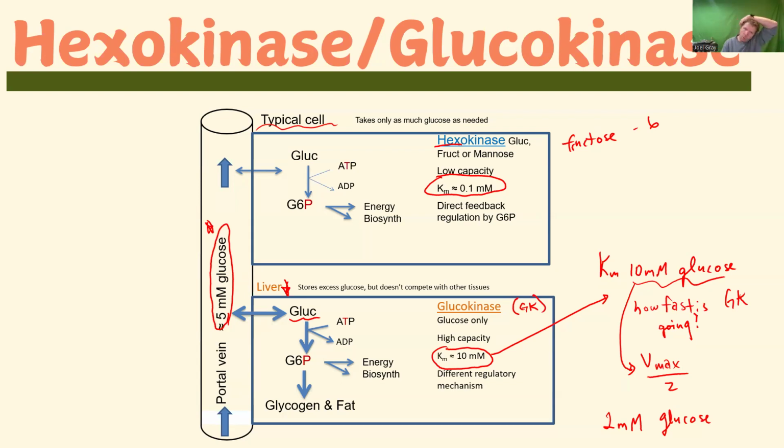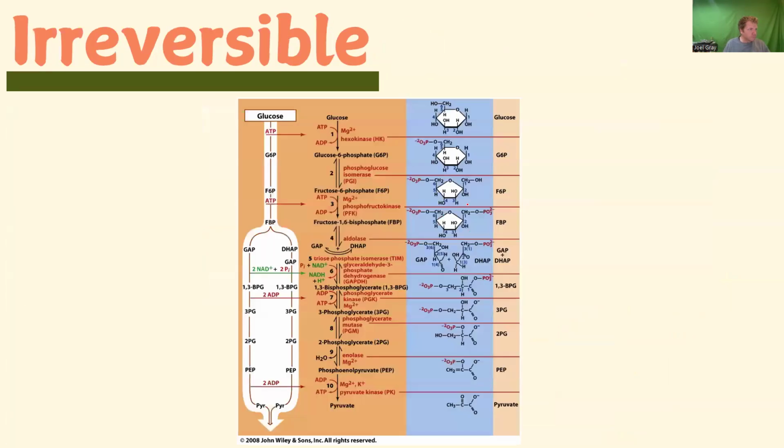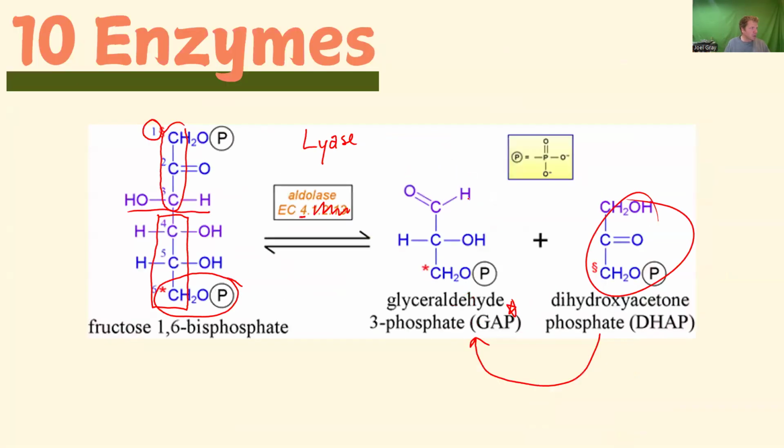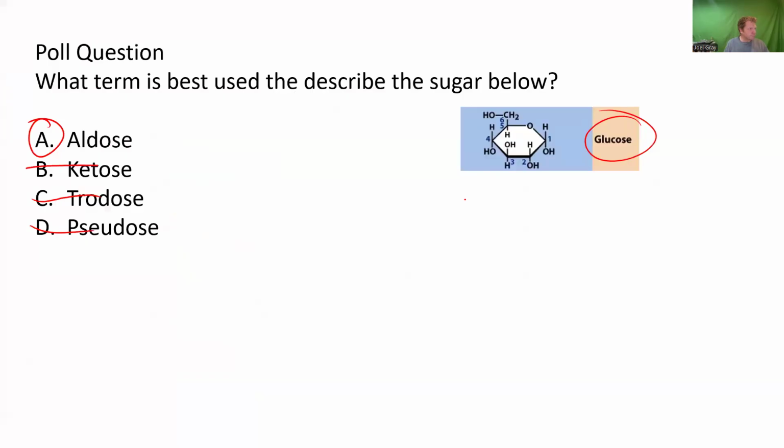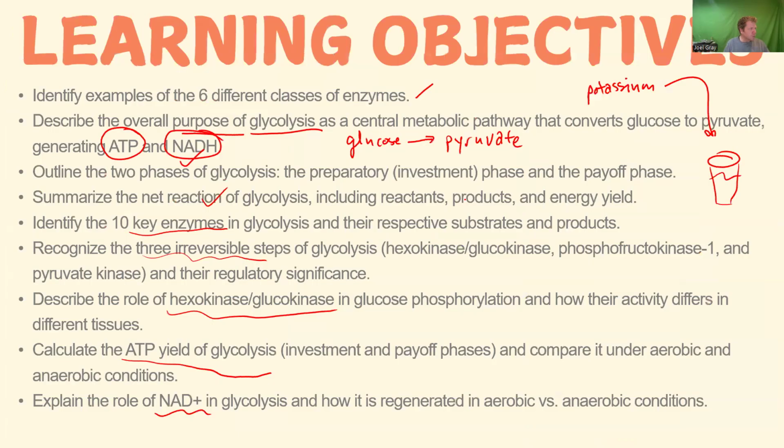Okay, now I want to go back to our learning objectives and just inventory these things. Summarize the net reaction of glycolysis, including the reactants, products, and energy yield, and outline our 2 phases, the investment and return phase.